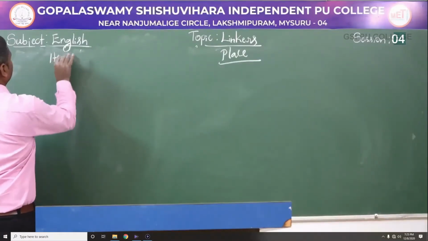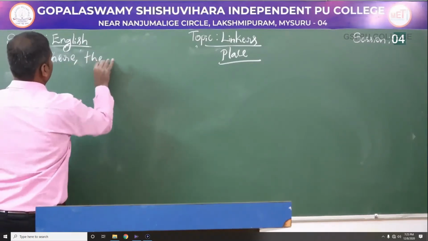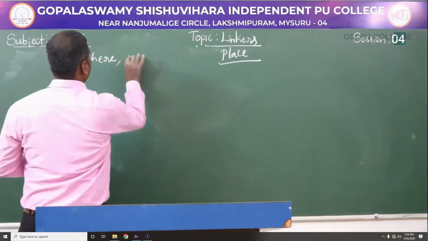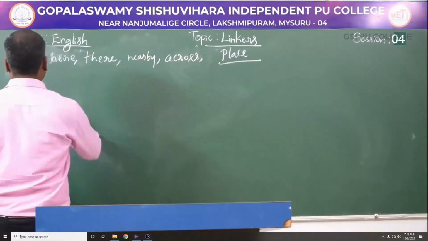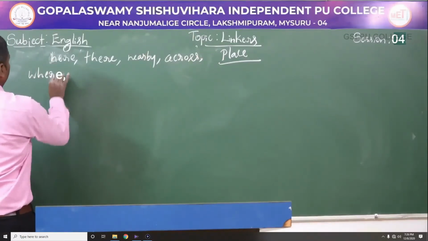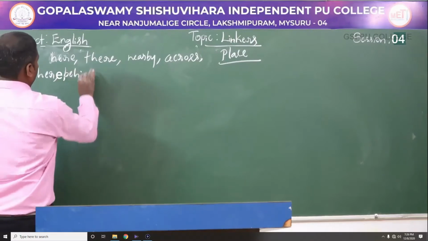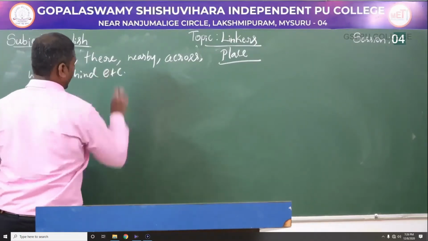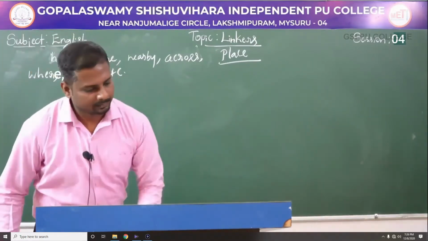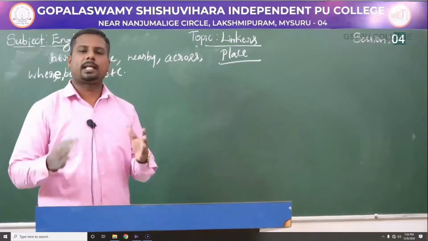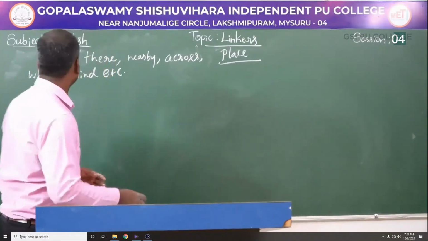Now there are linkers to express place. Words such as here, there, nearby, across, where, behind, etc. Now let us see a few sentence examples.